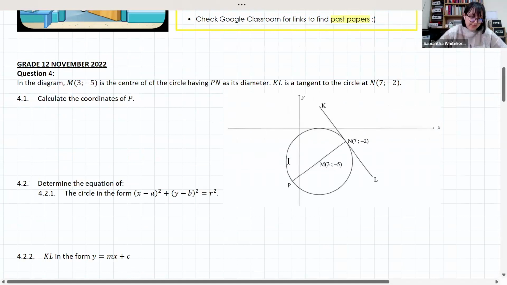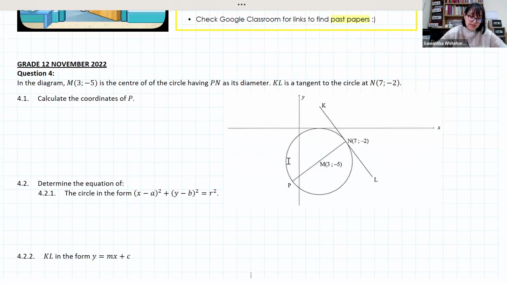So we have been given in the diagram, M is (3, -5), the center of the circle having PN as its diameter. KL is a tangent to the circle at N (7, -2). So just immediately what we should be thinking is, cool, we know where the center is. So we could go and work out the equation of the circle.